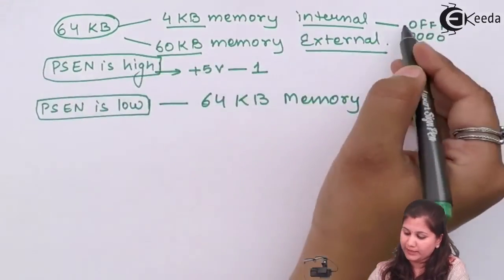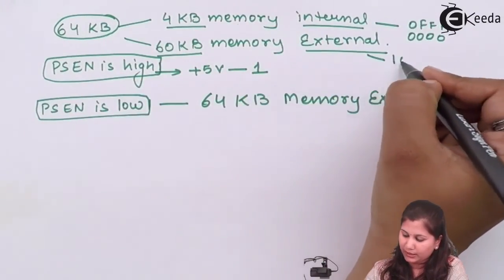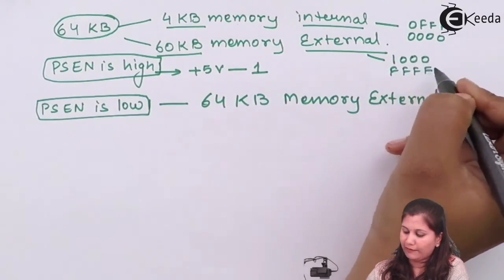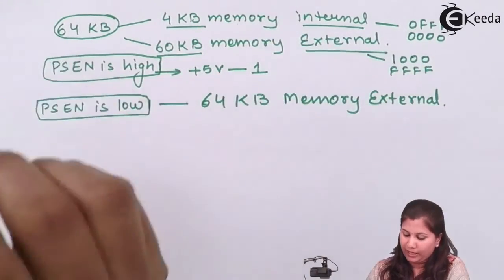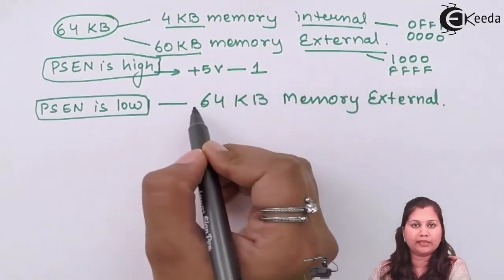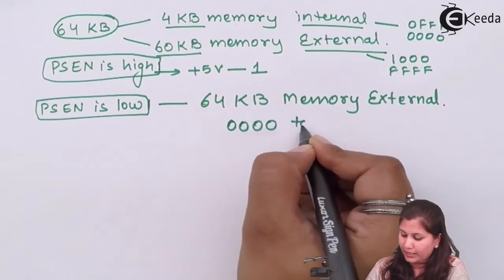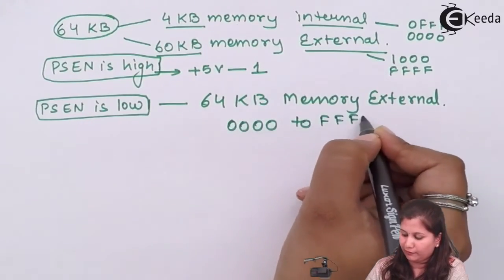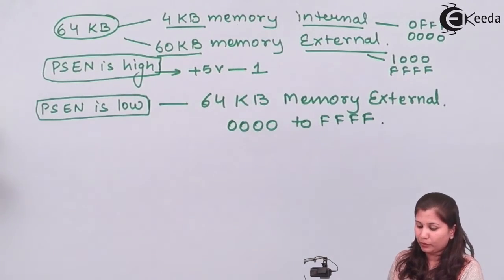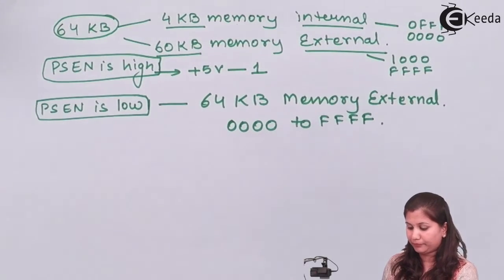And the remaining 60 kilobytes, starting from 1000 till FFFF, will be the external memory. And when this PSEN is low, the complete 64 kilobytes is external, that is 0000 to FFFF. So this was the program store enable signal and the program memory.